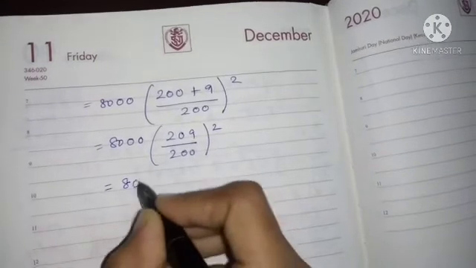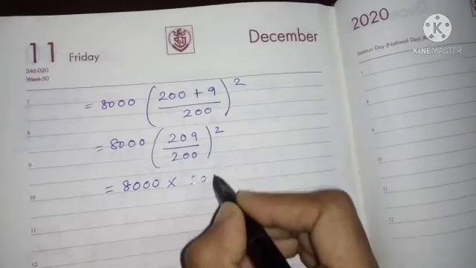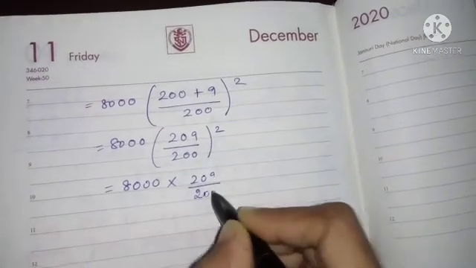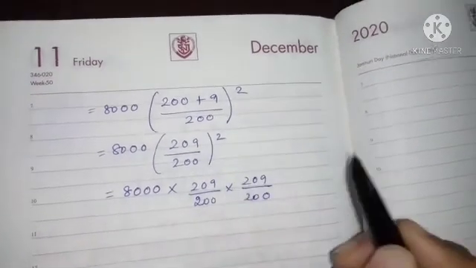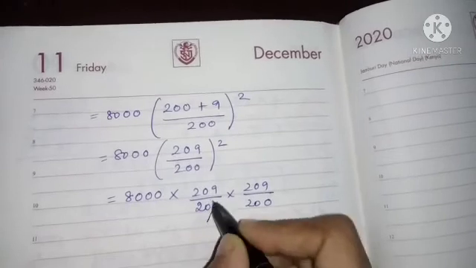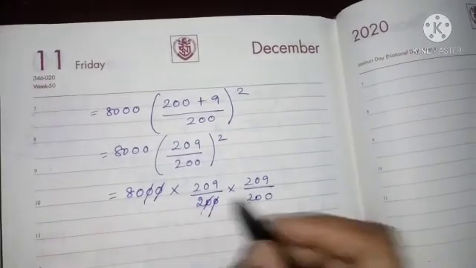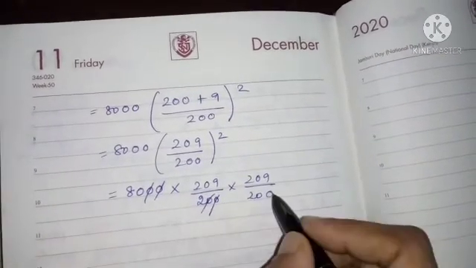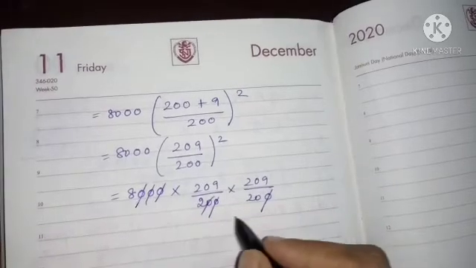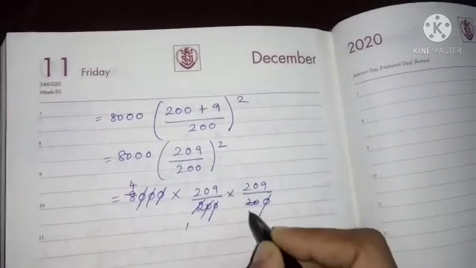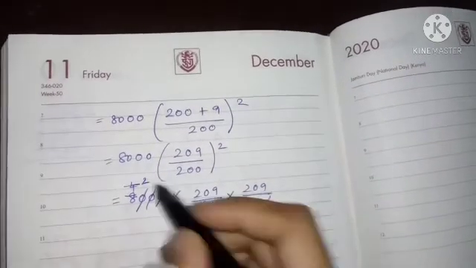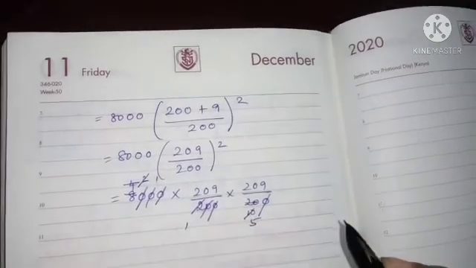So now 8000 into 209 by 200 into 209 by 200, because the whole square. About 2 times we should do, 0 0 0 0 cancel. Okay, then 1 0 1 0 cancel. 2 1s are 2, 2 4s are 8. Then 2 10s are 2, 2 2s are 2, 1s are 2, 5s are.